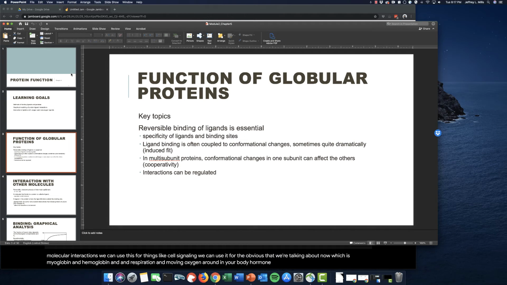Hormone receptors, the immune system, muscle movements, all of these things rely on reversible binding of ligands. So we have to make sure that we understand proteins are dynamic, number one, and number two, binding processes in this case are reversible. Okay.